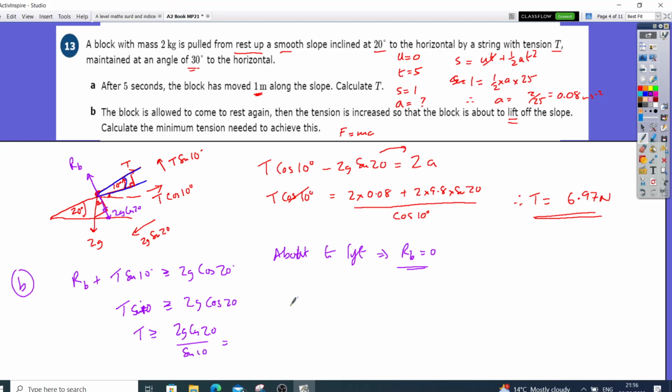So that's going to give me 106.1 newtons, and to 3 significant figures that is 106 newtons. And note, tension is going to be greater than or equal to that, but that's going to be the minimum force required to make that go to 0, to make it lift. Okay, obviously that could be a lot higher, which will just lift it no problem.